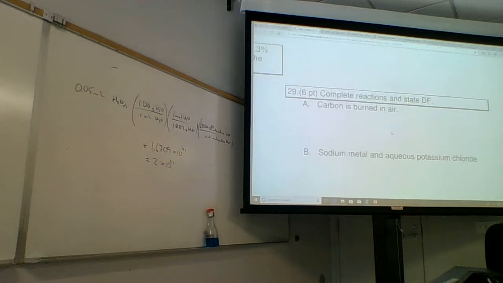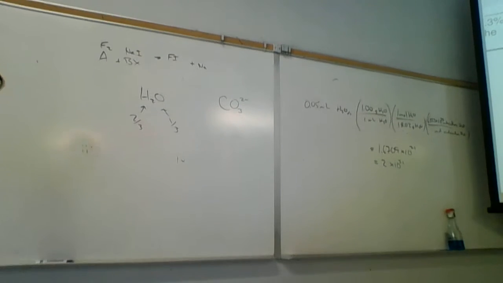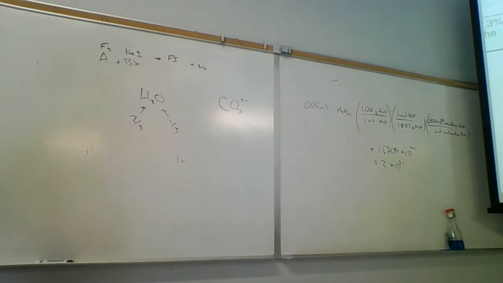29A, carbon is burned in air. Carbon is burned in air is an element plus element combination. That forms different products. For example, incomplete combustion will form carbon in the +2.